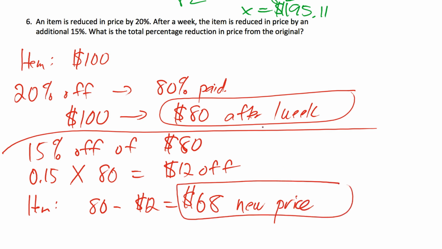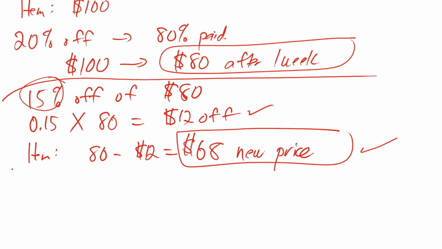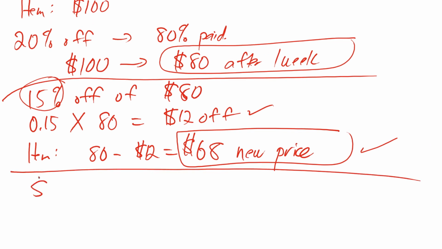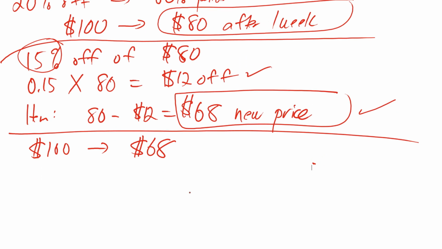Remember, of course, we could have done this calculation instead of doing 15% of 80 and then taking that amount off of the 80. We could have simply done 85% of 80 to get 68. So what we can see now is that our item has gone from $100 down to $68. In other words, our item is $68 compared with the original 100.